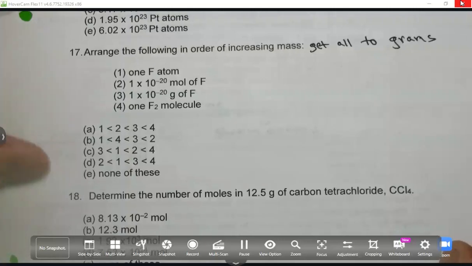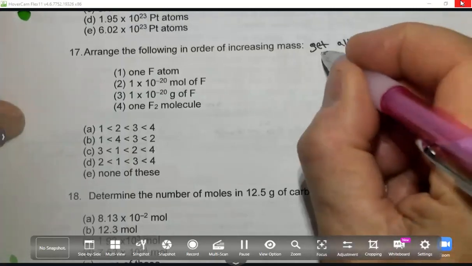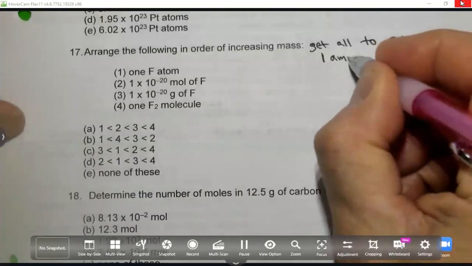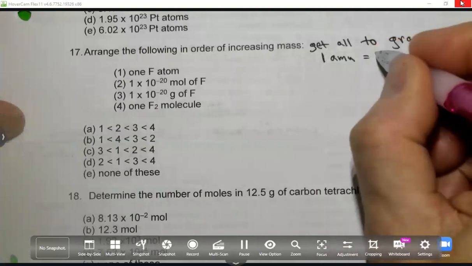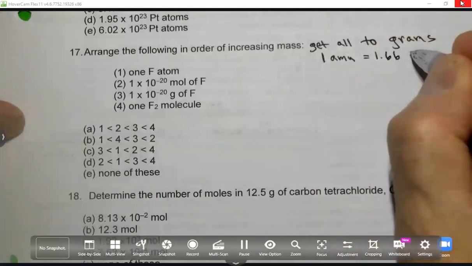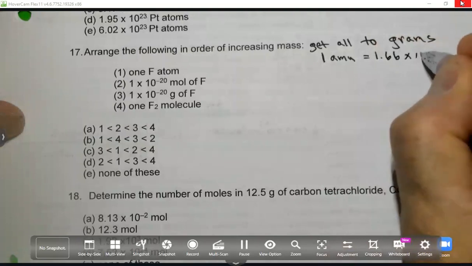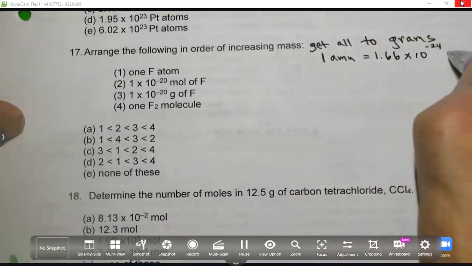To do that, 1 AMU is 1.66 times 10 to the minus 24 grams.